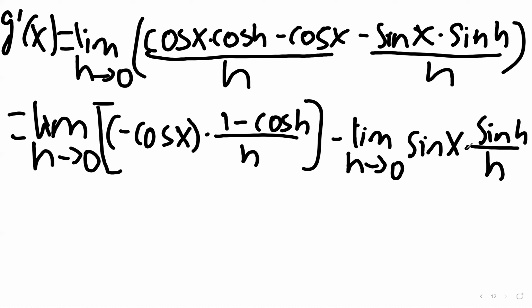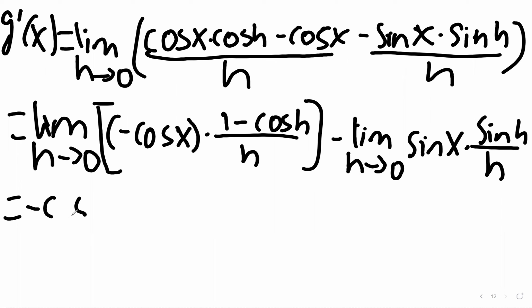And once again, the limit is taken for h tends to 0. So it has nothing to do with x here. Sine x and minus cosine x can be treated as constants with respect to the limit.